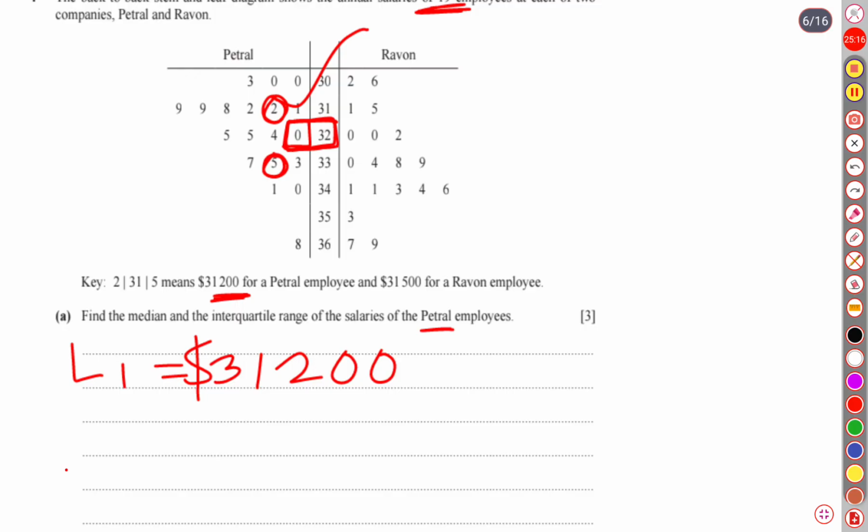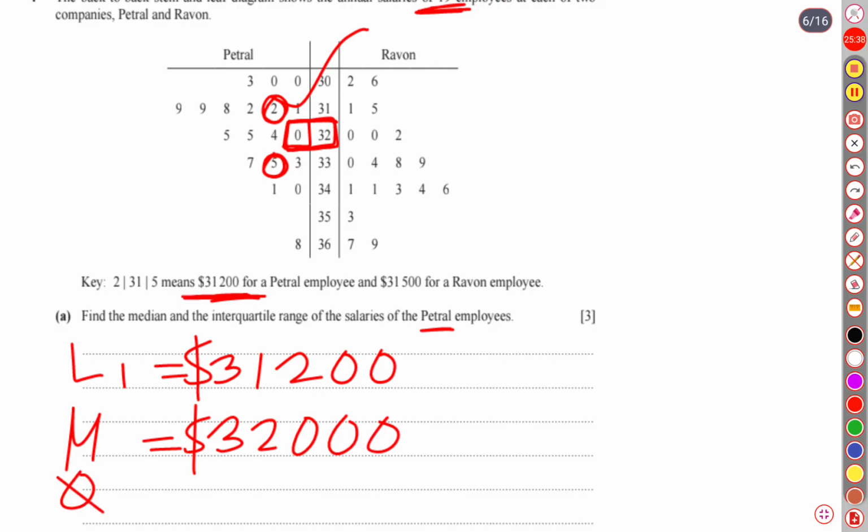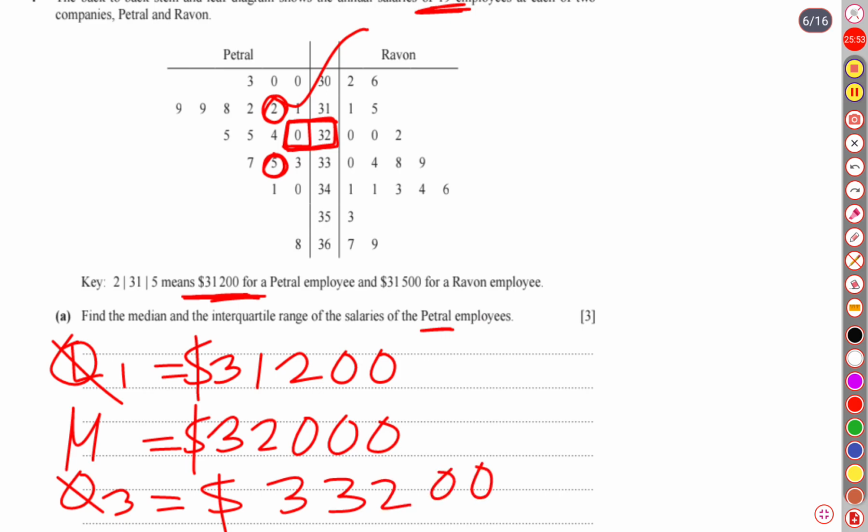Then the median, denoted as M. We have already got 320, with the $ symbol, and two zeros should be added everywhere, because in the key they have clarified that it is actually in hundreds. So $32,000. Then the upper quartile, Q3. We have already written it is 332, so $33,200.